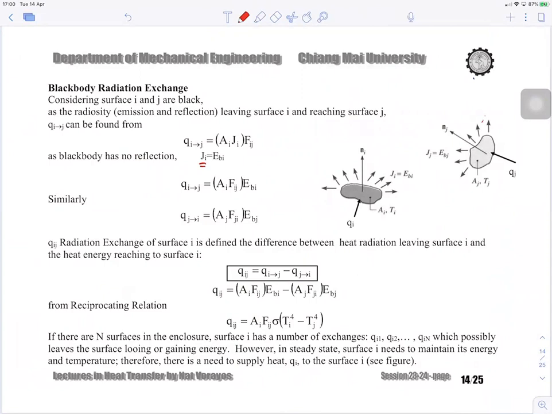Now, we're not going to talk about only two surfaces. We're going to talk about the enclosure, and let's say the enclosure has n surfaces.